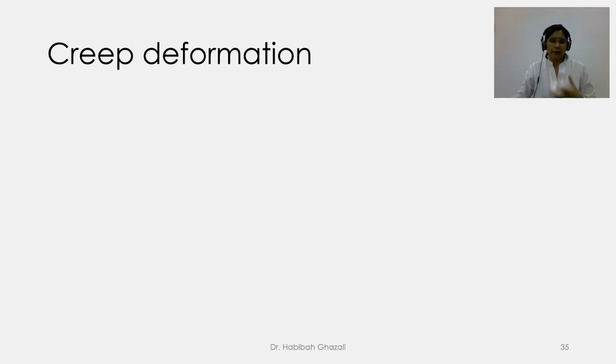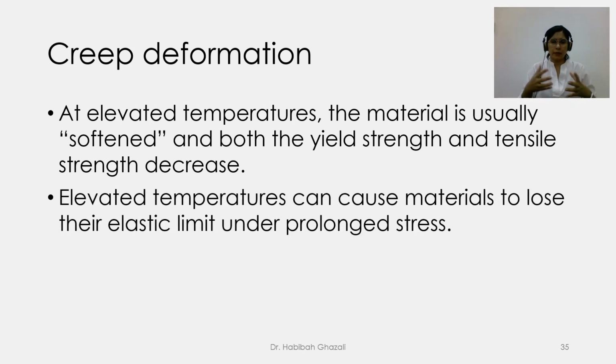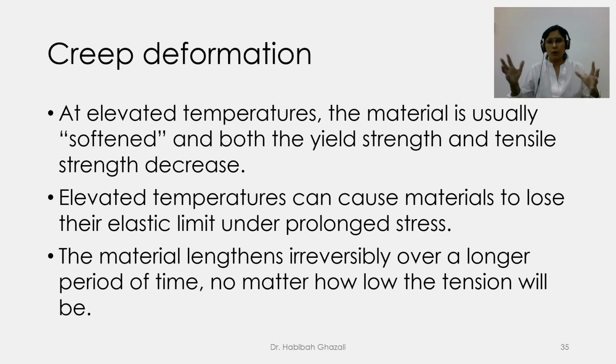As a result, the material will undergo a time-dependent increase in length. At high temperature, normally even metal will be softened, and both their yield strength and their tensile strength will decrease. So at elevated temperature, materials can lose their elastic limit under constant load. The material will lengthen, and this elongation is irreversible because they now deform plastically over a longer period of time.